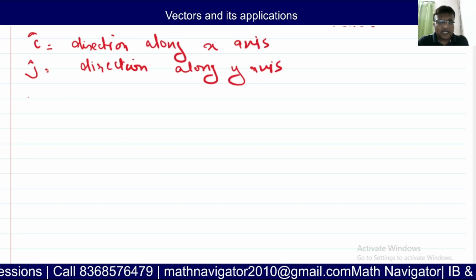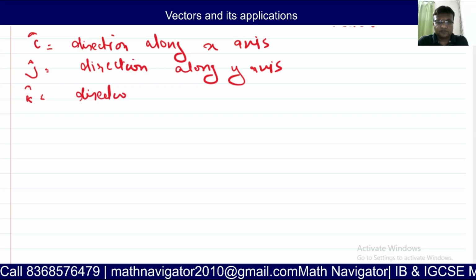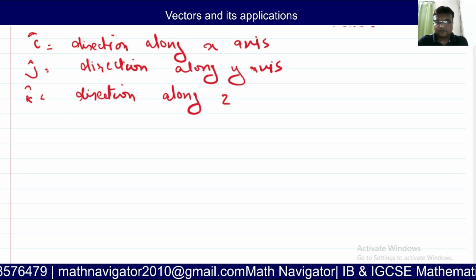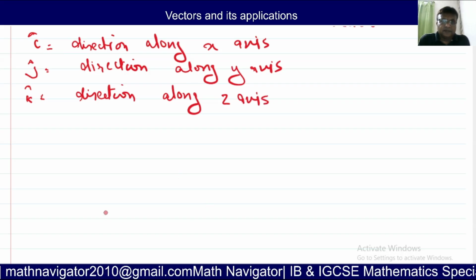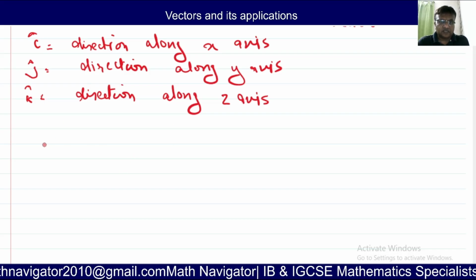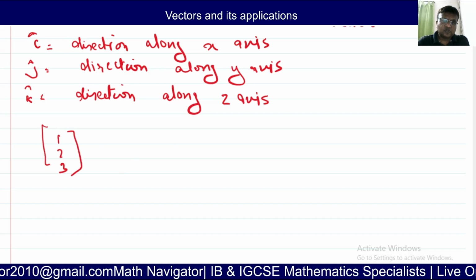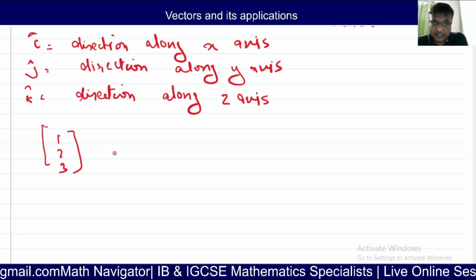And k cap is the direction along the z-axis. So how do we represent the vectors? If I'm saying my vector is (1, 2, 3), this means 1 unit along the x-axis, 2 units along the y-axis, and 3 units along the z-axis.